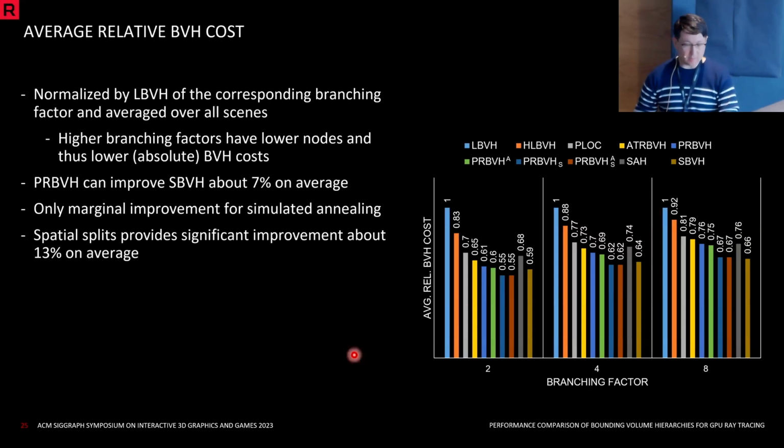PR BVH can improve SBVH by about 7% on average, which is also interesting. Unfortunately, there is only marginal improvement for simulated annealing. And spatial splits in SBVH can really help, about 13% on average.